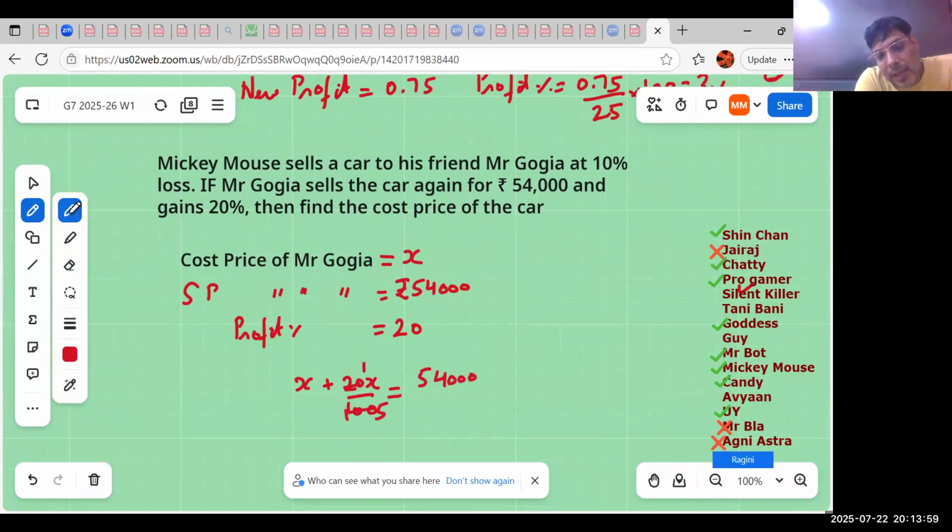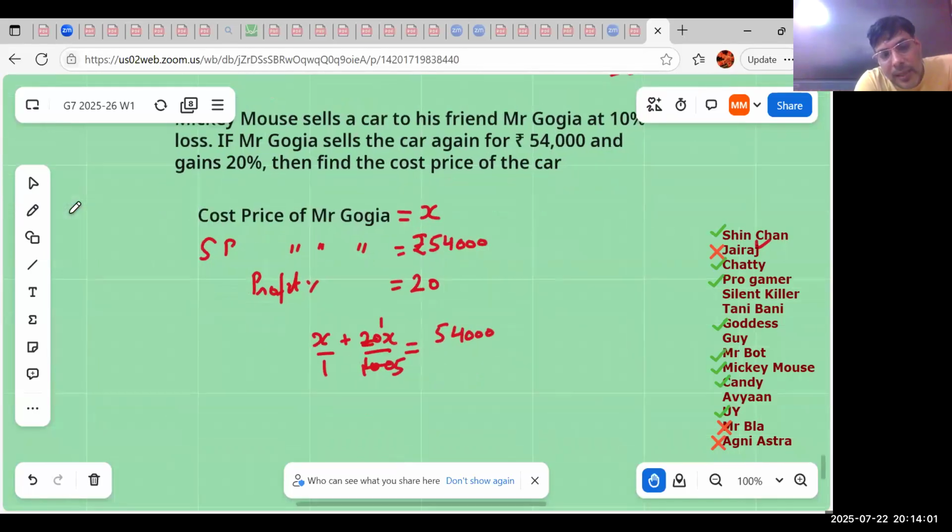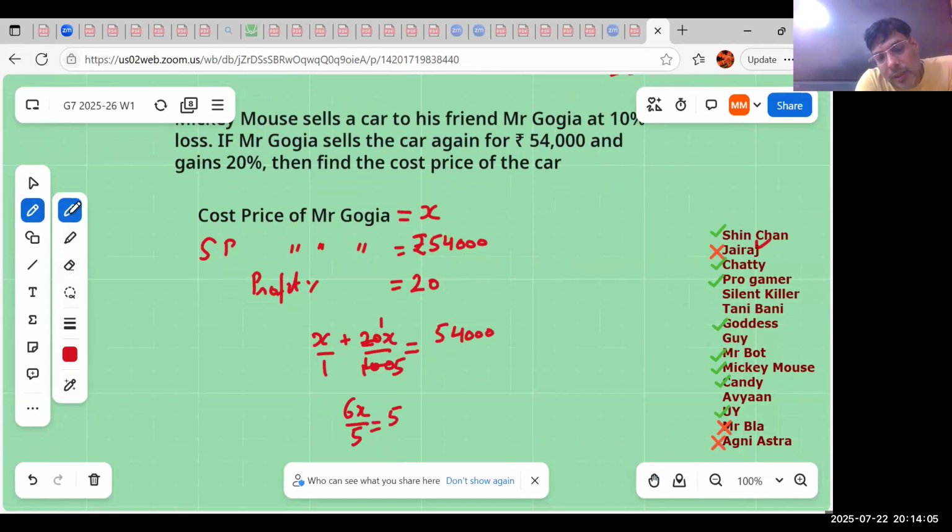Solving this, I will get 6x upon 5 is equal to 54,000. So we can solve this to get x equal to 54,000 divided by 6, that is equal to 9. 9 multiplied by 5, that is equal to 45,000.